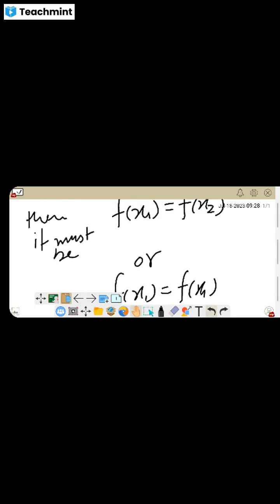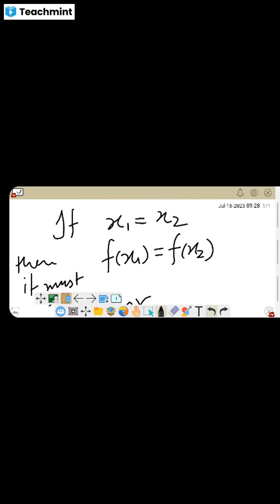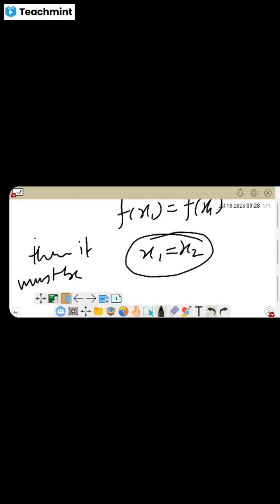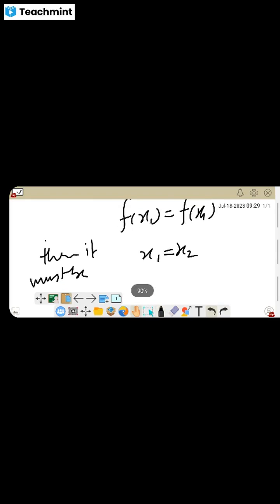Then we say this function is a one-one function or injective function.